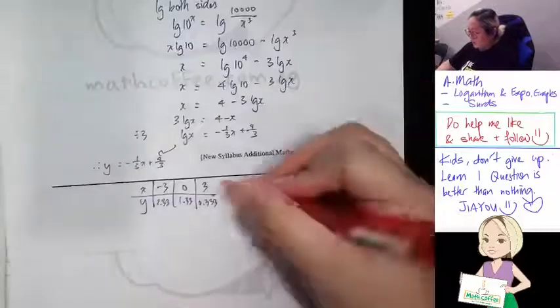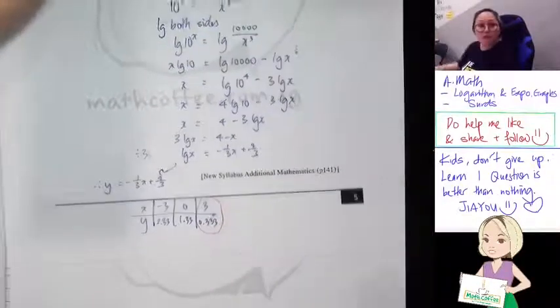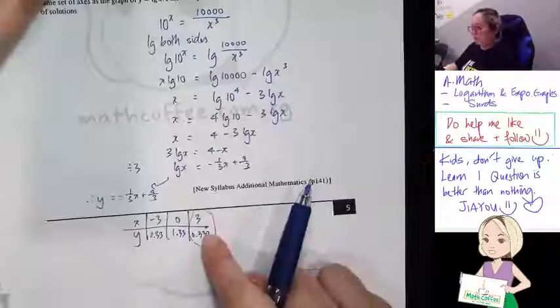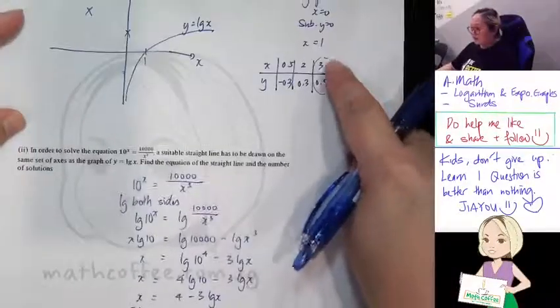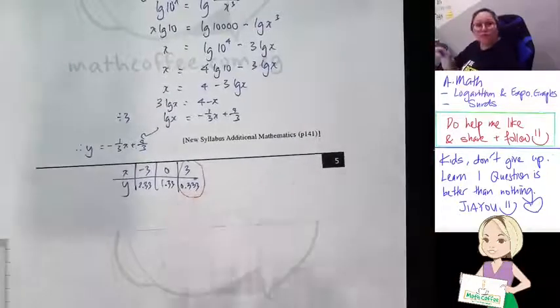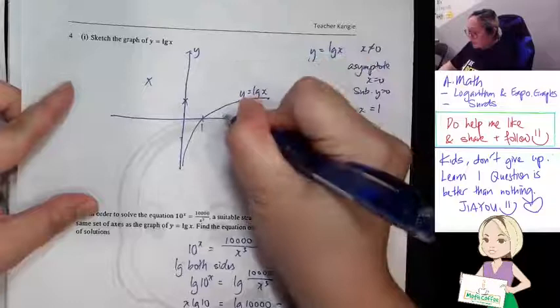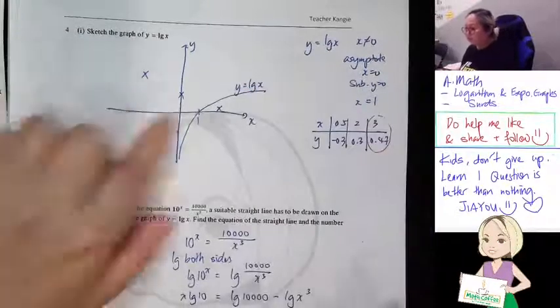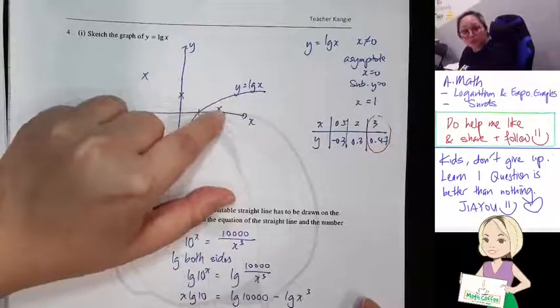Here and here will determine whether the third point that I'm going to plot is below or above. This is 0.47. This is 0.33. It means it is below. So it just can be any point. Let me just plot here, doesn't matter where. Important is below, understand? Below.